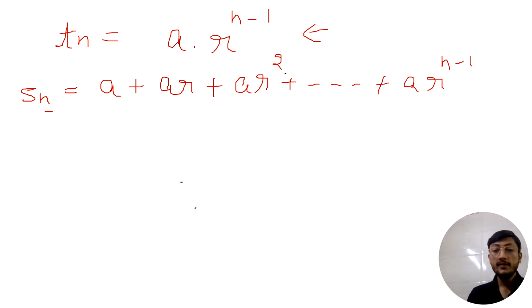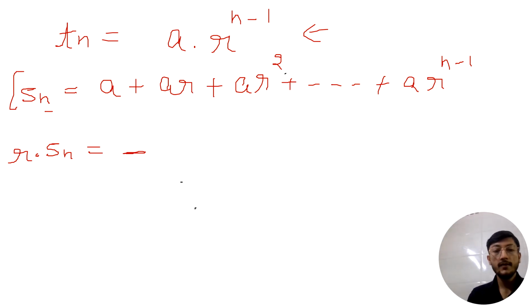So what I did, I just multiply R with this equation. Suppose I multiply this with R, and here is RSn, and I deliberately give a space here.